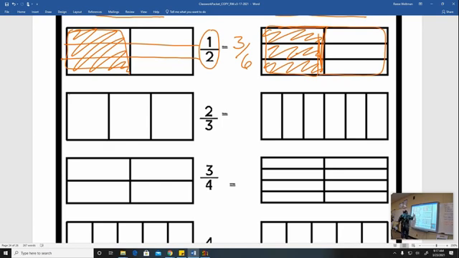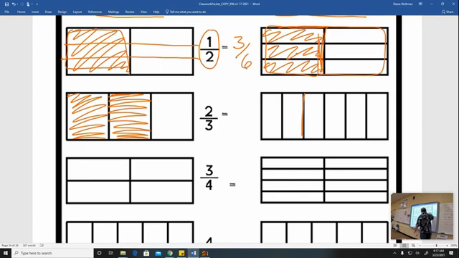Now let's look at this. Okay, so we need 2 of these colored in, right? And that's what our shape looks like now. But remember, we want it to look exactly the same as this one. So if it helps you to look over here and draw out the lines the way they did them over there, you could do that. Now we can imagine it as 3 being cut into 3, right? But how many is this cut into? What's our denominator on this side, Talon?